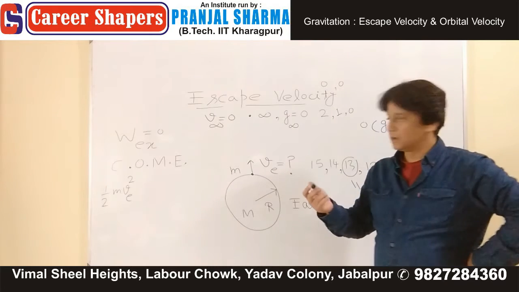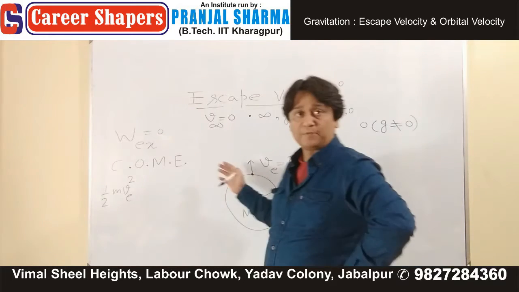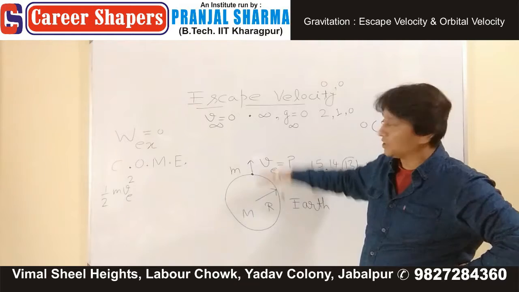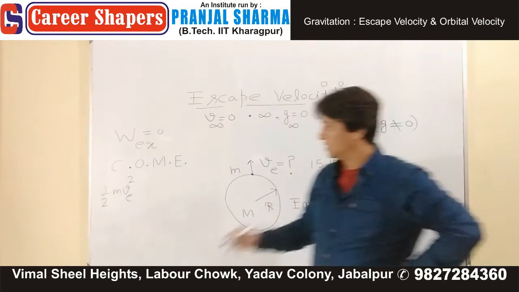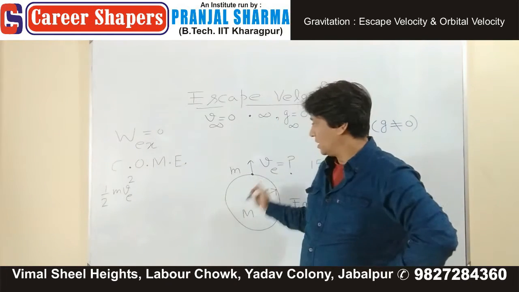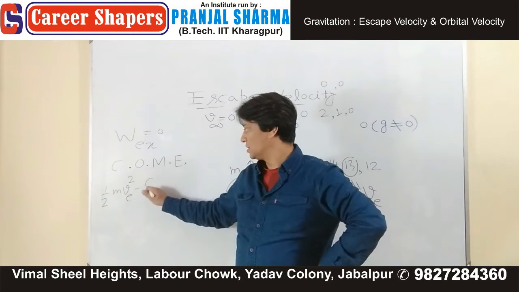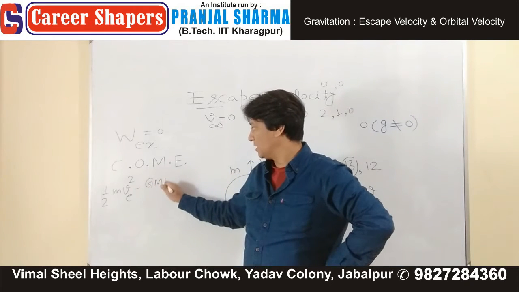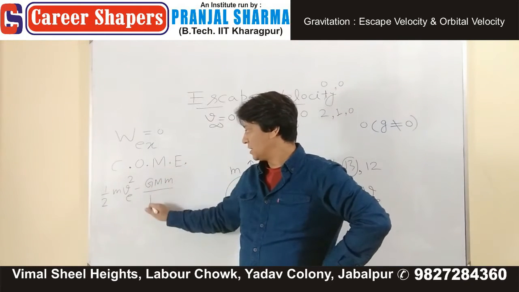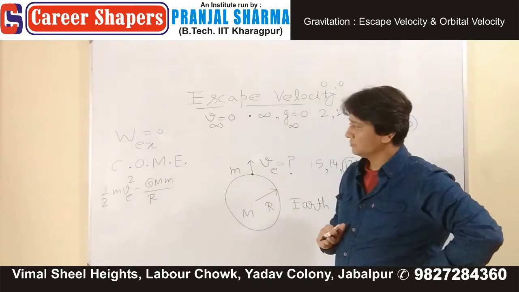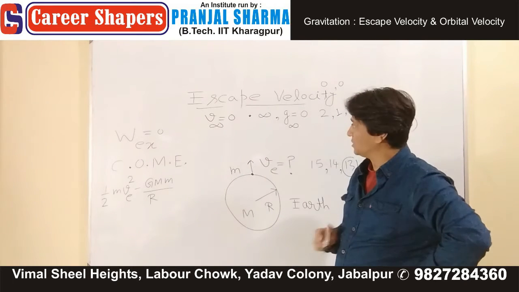Potential energy for this type of setup, when things are moving for such a large distance, right over here, potential energy is minus of G M m divided by R. That's how we write potential energy.